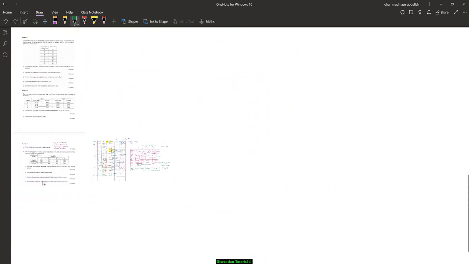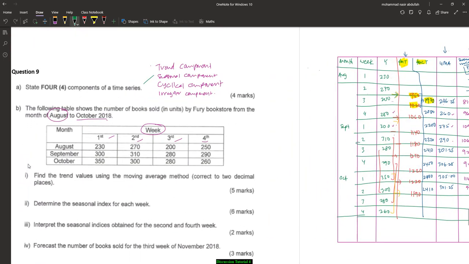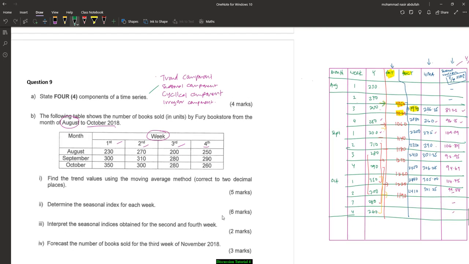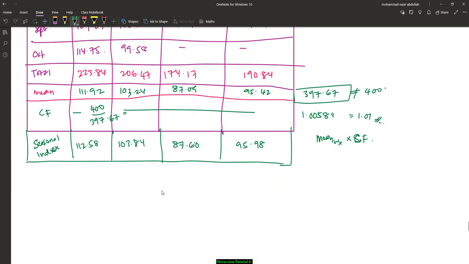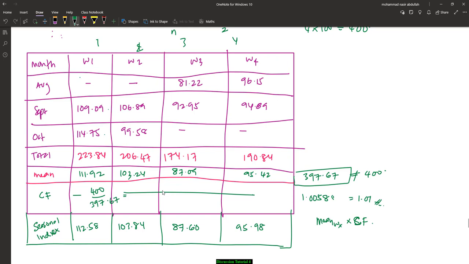So the next question is, dia kata interpret the seasonal index obtained for the second and the fourth week. So kita tengok balik. The seasonal index for second week is 103.84.